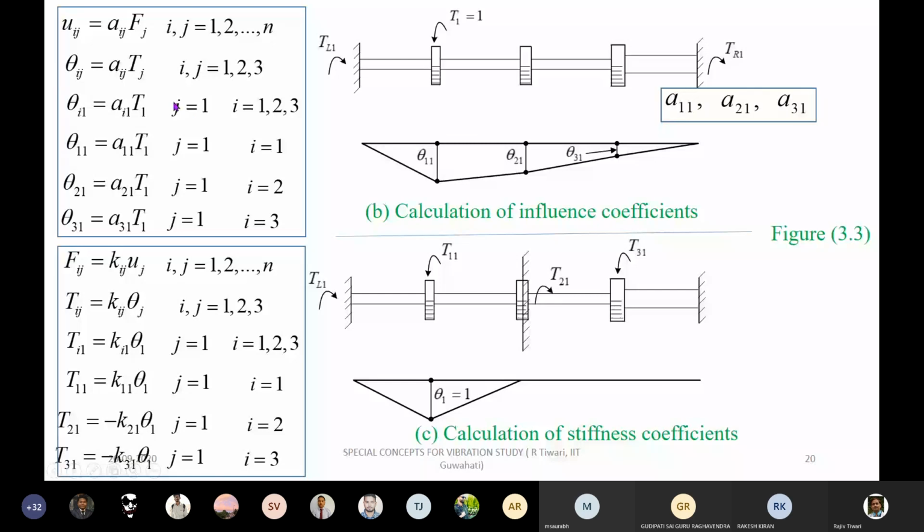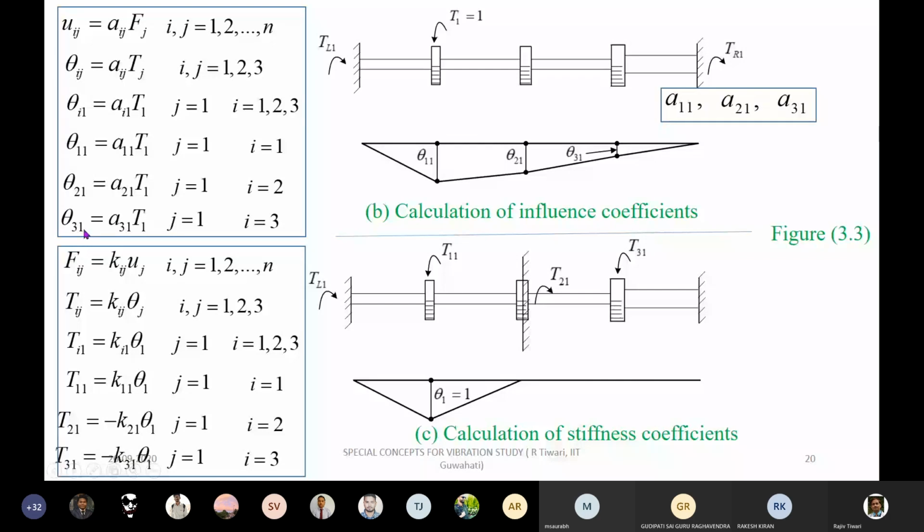So this is a very specific case when I applied the torque at 1, but I can vary i from 1 to 3. That means I can get the displacement because of this torque at disk 1, disk 2, and disk 3. So theta 11 is the displacement at disk 1. That means i equal to 1 represents displacement at 1, i equal to 2 represents displacement at 2, and i equal to 3 represents displacement at 3.